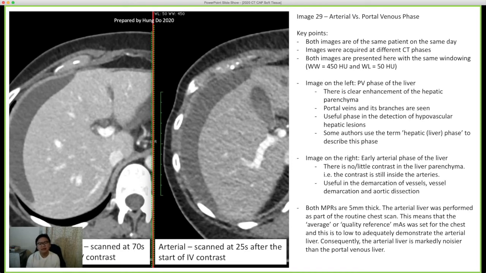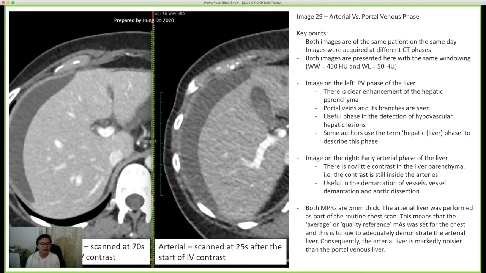You can see that the liver on the left-hand side, or the portal venous phase, has a much more uniform appearance with a brighter attenuation to it, as opposed to the right hand side. And you can also see a lot more veins and vessels inside of your liver on the left hand side as opposed to the right side.